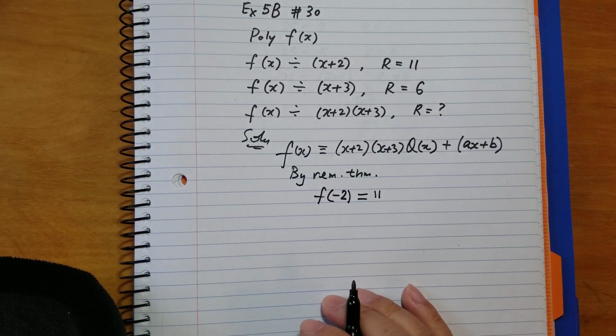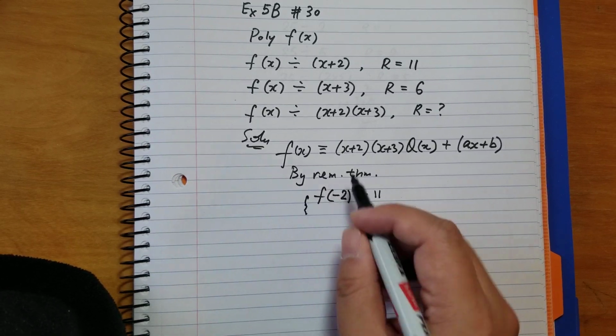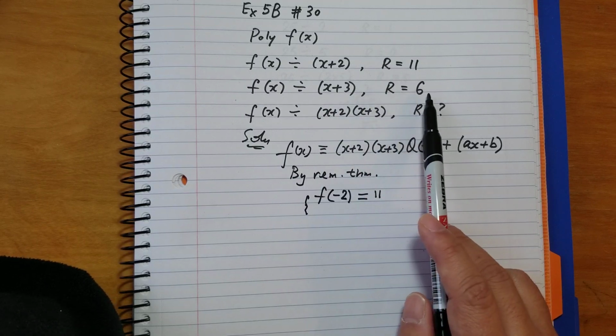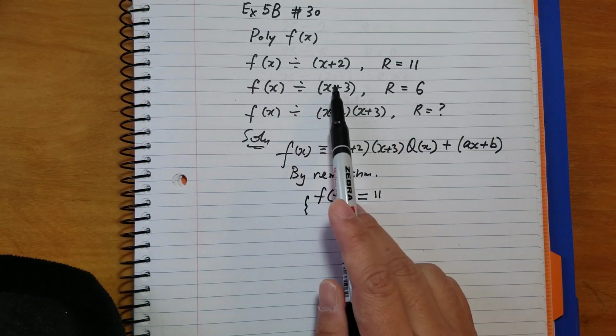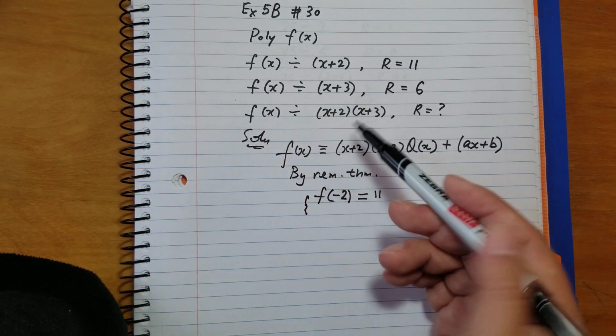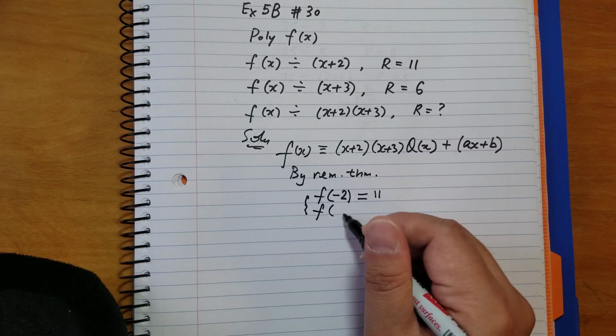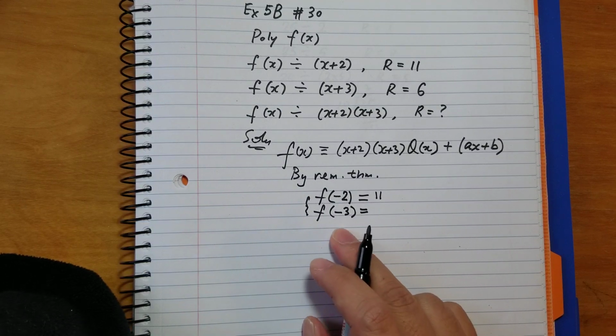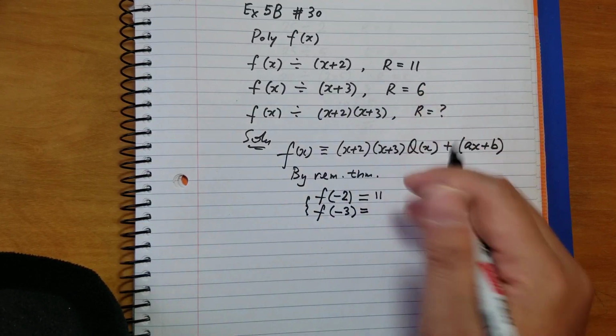So we have this. Another given is that when f(x) is divided by x plus 3, the remainder is 6. So you put x equal to negative 3 into the original function, the dividend, and the result is the remainder 6.